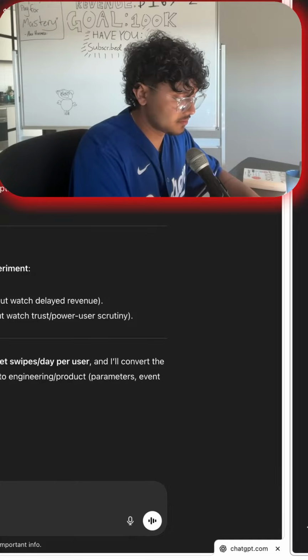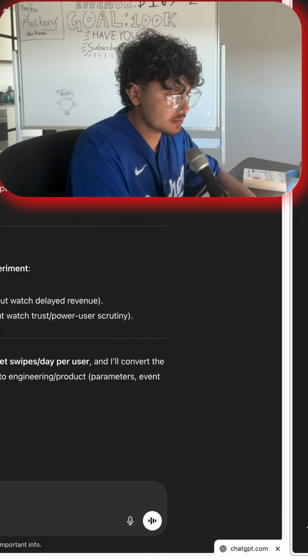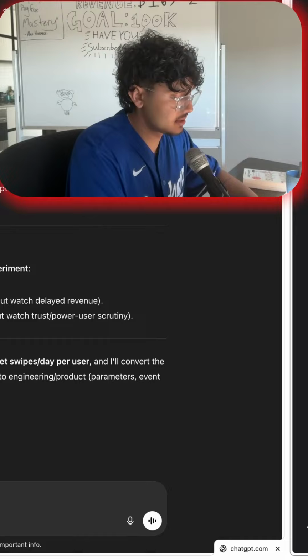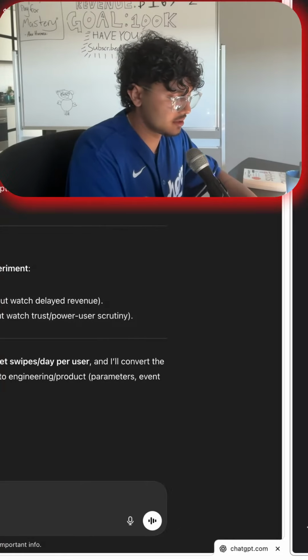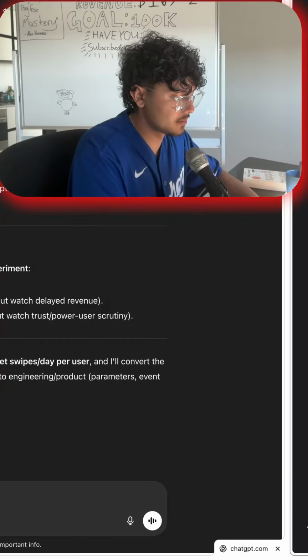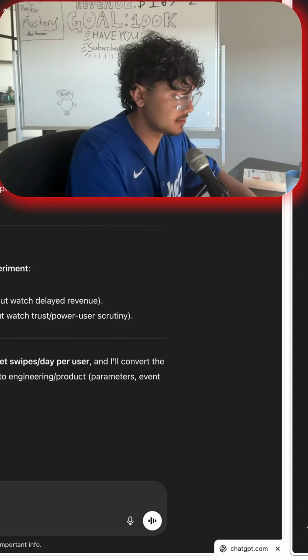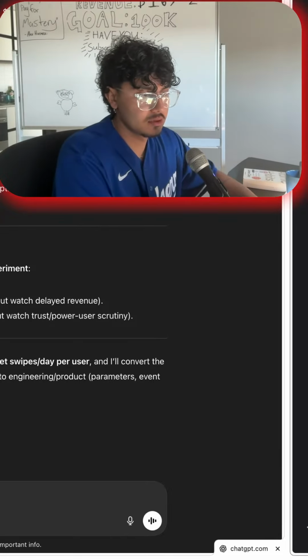We are assuming that the bets placed on the discovery tab will be significantly higher, as users are finding markets they are interested in rather than being fed random ones from the swipe tab.